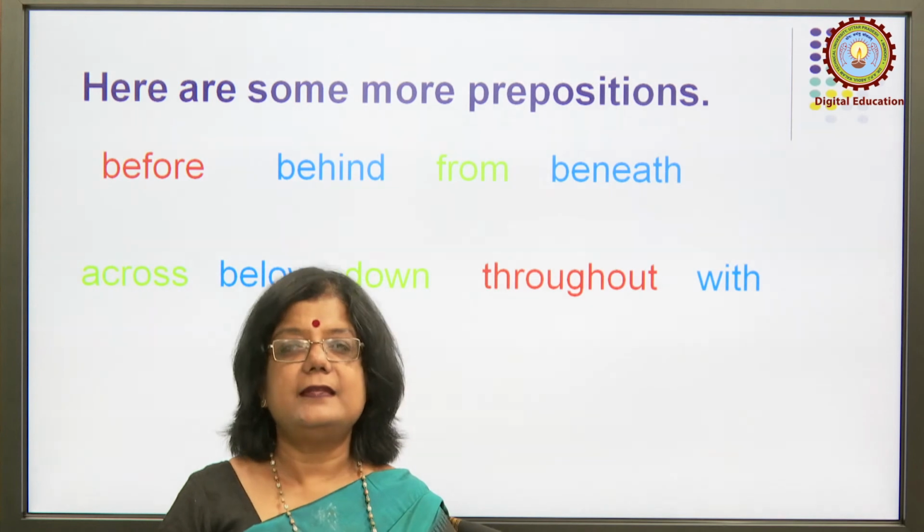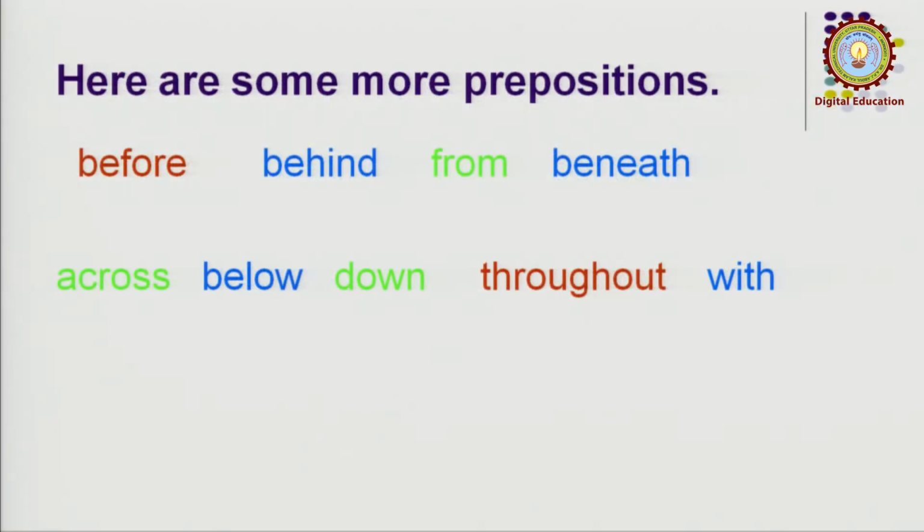The next word we use daily is across. Across the river there is a huge temple. Below. The students who score below 60% are those who don't work hard. Down.